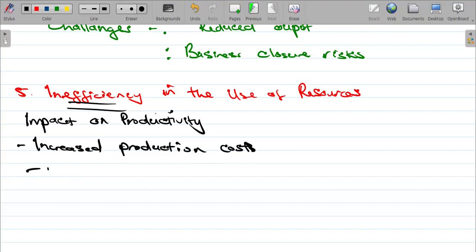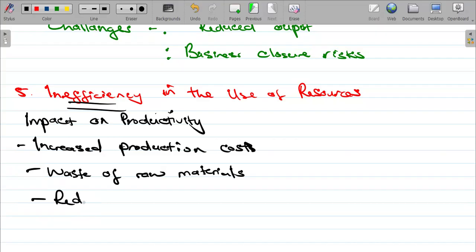And also there will be waste of raw materials since mistakes are made. And then there will be a reduction in profit since production costs have increased and materials are also wasted.